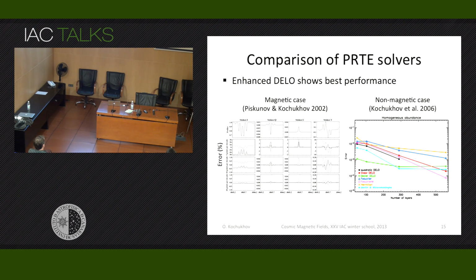And this is the error in logarithmic scale. For some methods you see it's already quite low, 10 to the minus 3, when we have a very small number of layers in the stellar atmosphere. But when we refine our atmosphere, we can achieve very good accuracy with essentially any method.